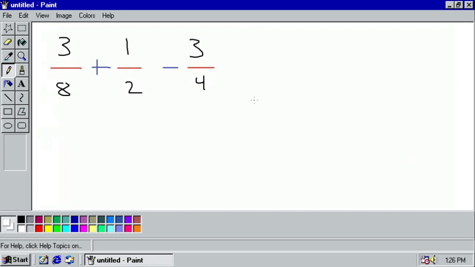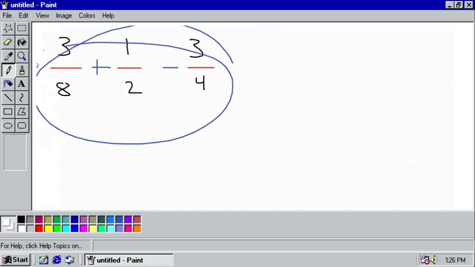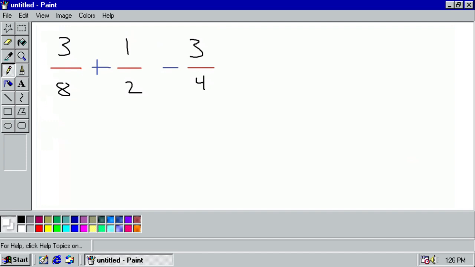Now how about this? This will be really hard because we have 3 fractions and we need to find the same denominators. So we can make all the denominators into 8, since all of them go into 8, if you know basic math.